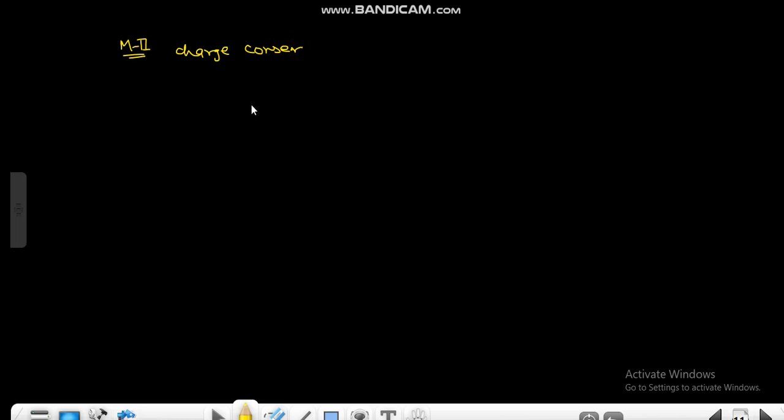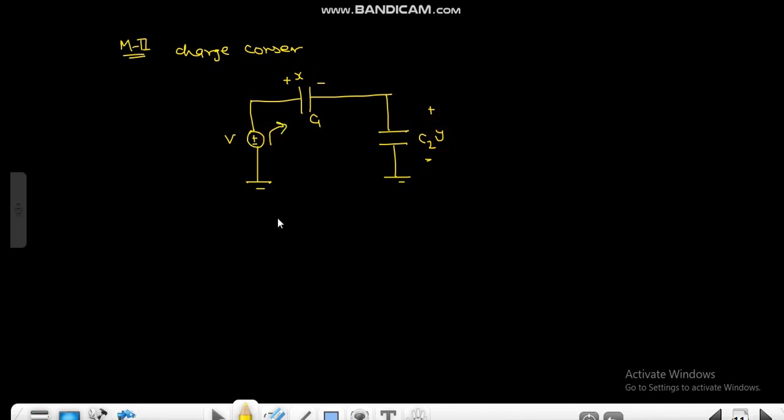So I will again draw the circuit. V volt, C1, C2, it was storing X, it was storing Y. Now see, if this voltage source provides you delta V voltage, then how much will be stored at C1 and how much will be stored at C2?